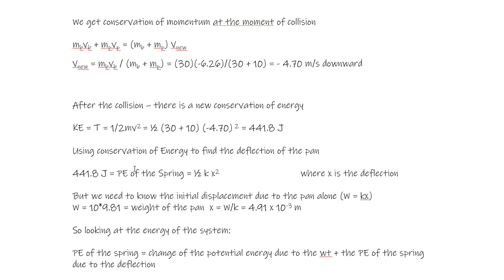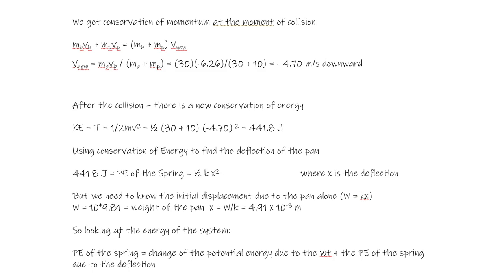We also have potential energy associated with the spring, and this is going to relate to how we ultimately get our deflection. But let's think about this a little before we get to that point, because we said we had to consider the deflection of the spring due to the pan. So we need to know that initial displacement due to the pan, so we can use our work equation to help us out with that, and we can solve for that initial displacement related to the pan on the spring.